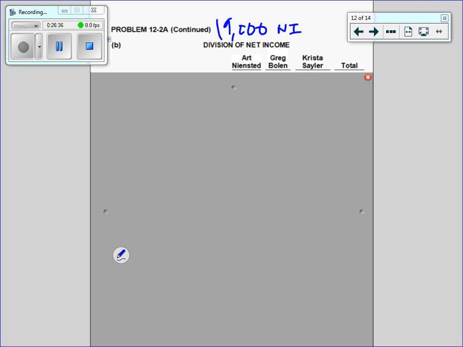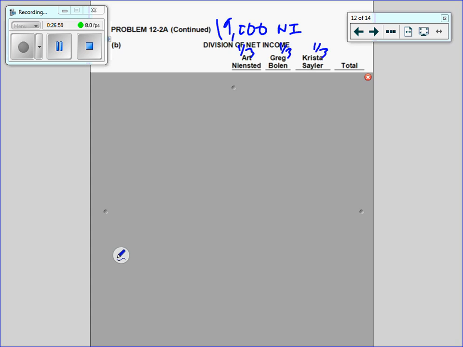We have our 3 partners. They seem to be sharing things equally, so it's not like we have the 6 to 3 to 1 split. In that third assumption, we were sharing everything equally. So I could just say 1/3, 1/3, 1/3.